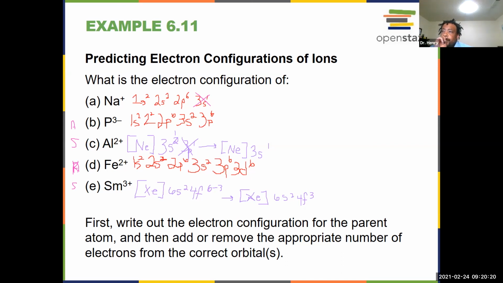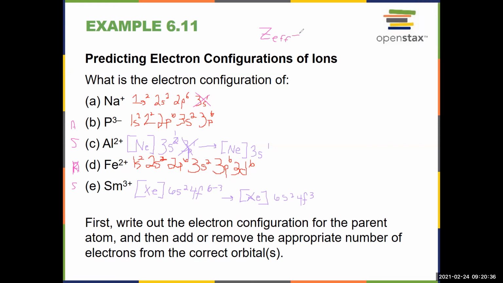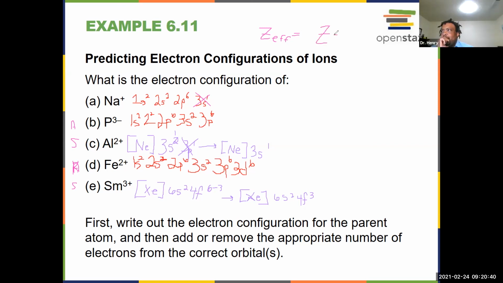Okay. Good. So real quick, we're going to skip a little bit and talk about Z effective, since you guys need this to finish up. Is that correct? Yeah. Okay, Z effective is going to be equal to Z minus S, where S represents the shielding electrons.